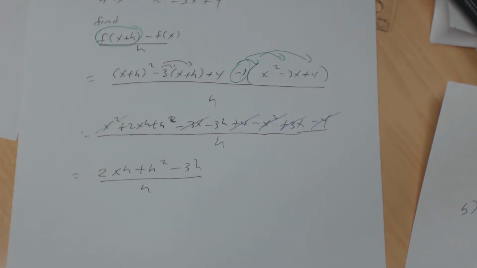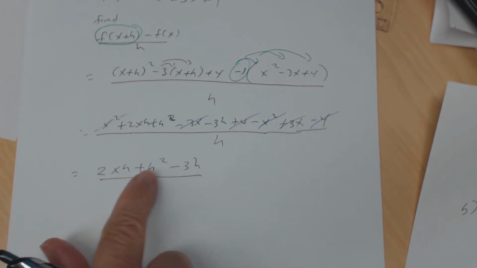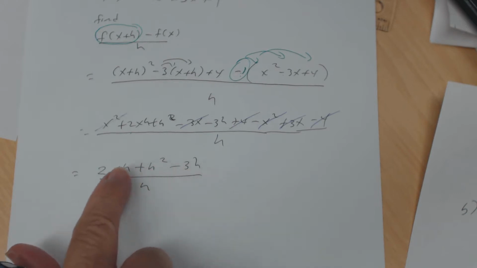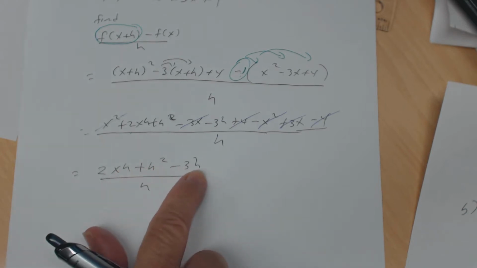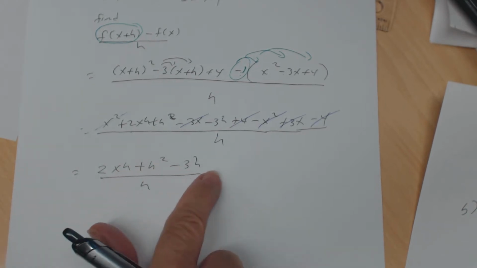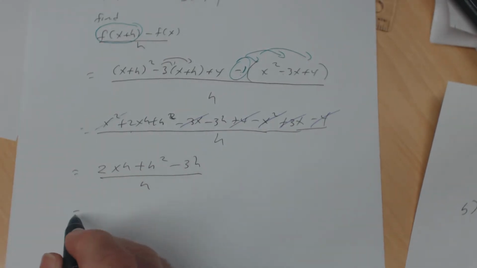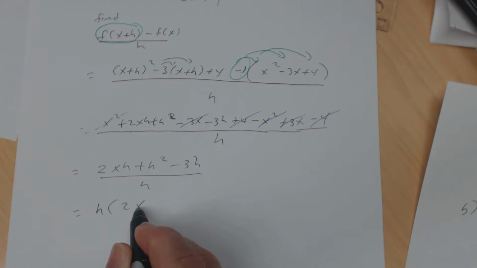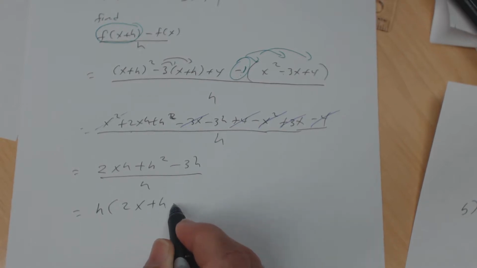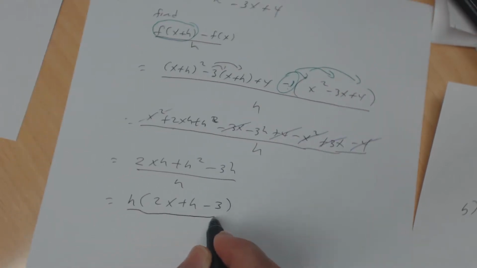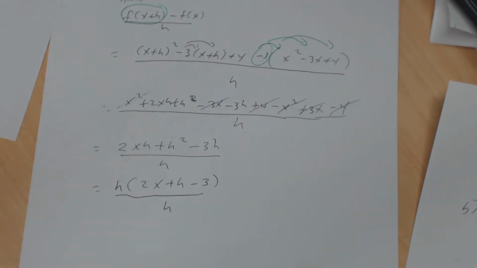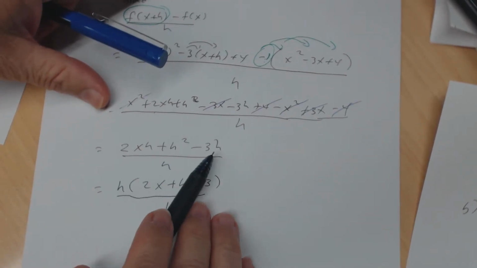Now, you got to remember something from last semester when you factored. If you look at the numerator, what does every term in the numerator have in common? Every term in the numerator has a factor of h. So that means I can factor out an h. I can say h times 2x plus h minus 3, all over h. So again, we're using factoring.